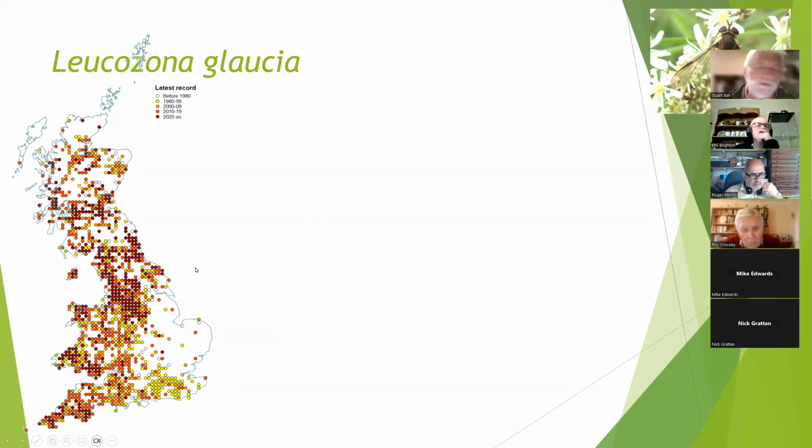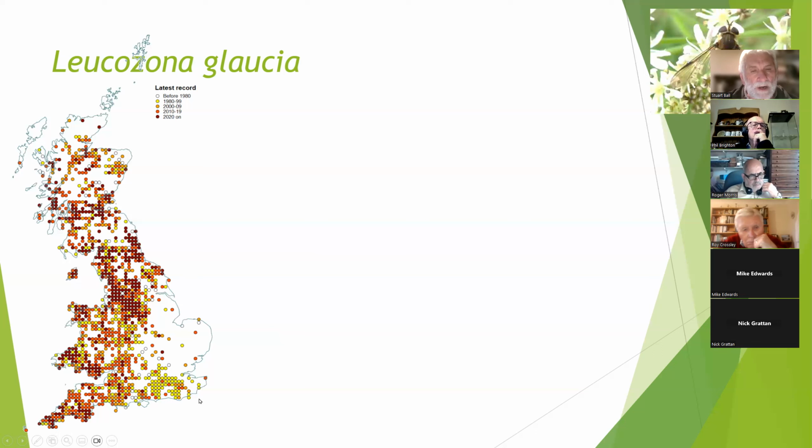And what struck me about this particular map was this area of yellow squares down here. So the lighter colours are early, so yellow is before 2000. The red goes up to 2010, and this dark colour is post 2020.